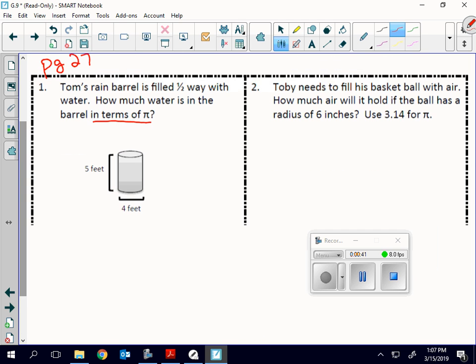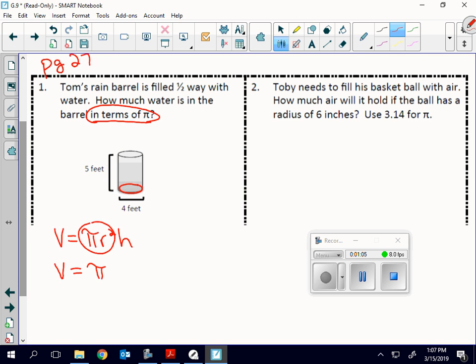What is the volume of a cylinder? You should know that. Volume equals pi r squared times h. It's the area of the base, pi r squared, times the height. Again, it wants us to do it in terms of pi, which means we're going to leave it as pi.